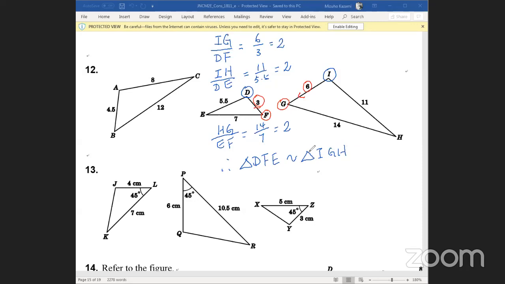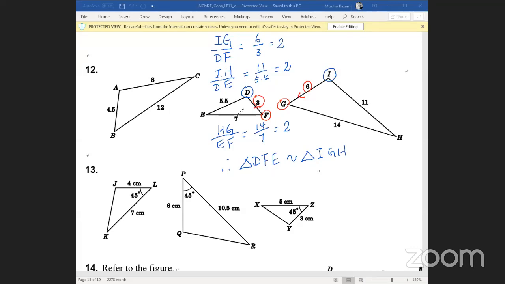IG, DF. IH, DE. Do you know what I mean? You can double check in this way. HG or GH, this length corresponds to FE or EF. Therefore, this sequence is correct.